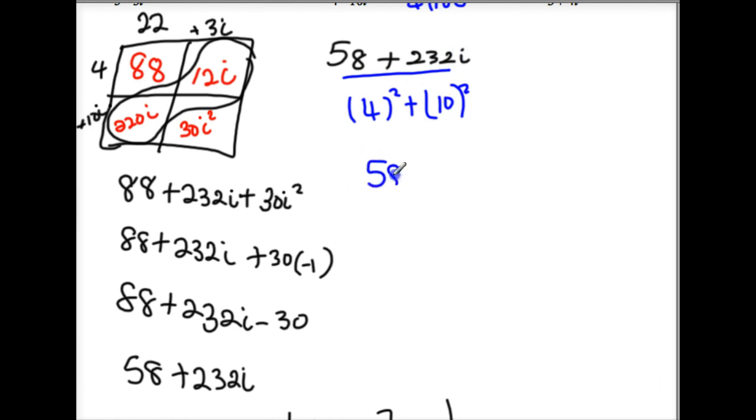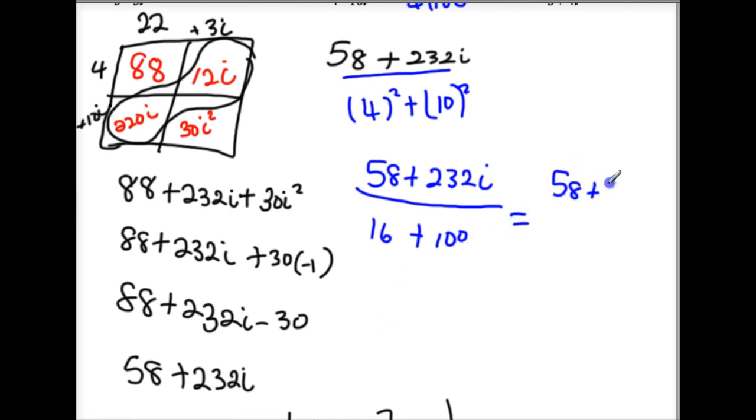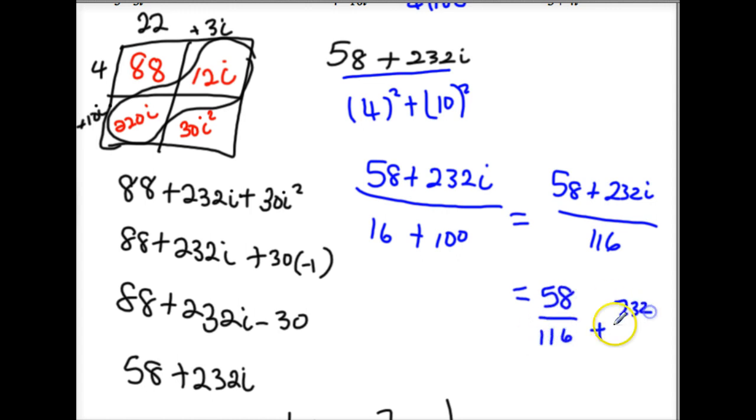The top is 58 plus 232i. 4 squared is 16 plus 100. This becomes 58 plus 232i over 116. And remember, just give each fraction their own part. 58 over 116 plus 232 over 116i.